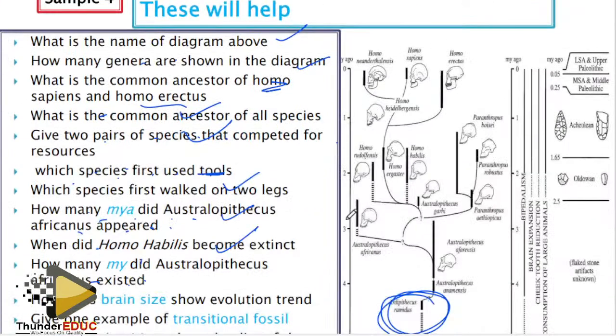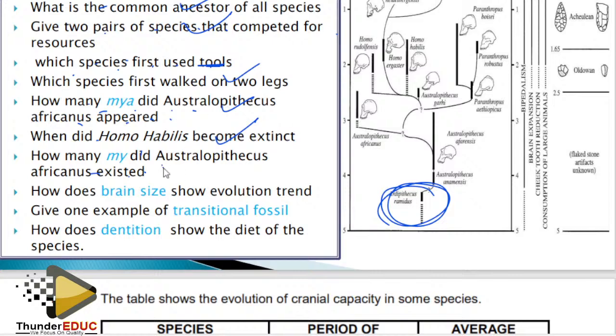Yes. Then they're saying, how does the brain size show evolution trend? We talked about that: the higher the brain size, the higher the number of cells, which leads to more intelligence. Give one example of a transitional fossil. An example of a transitional fossil is Karabo. We can talk about Karabo, Australopithecus sediba. How does dentition show the diet of the organism?